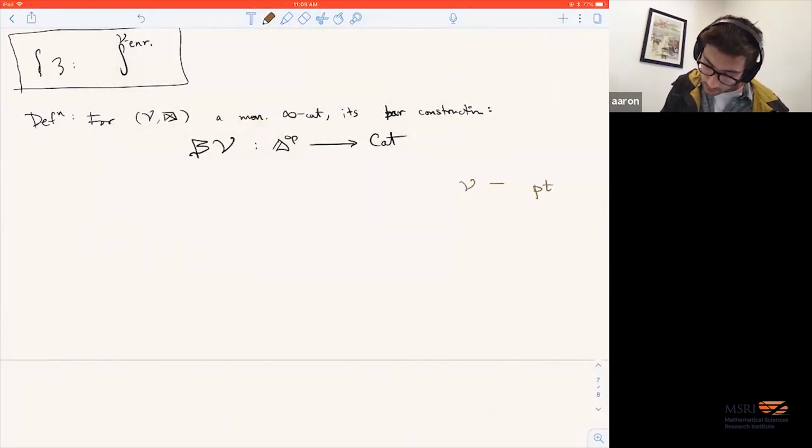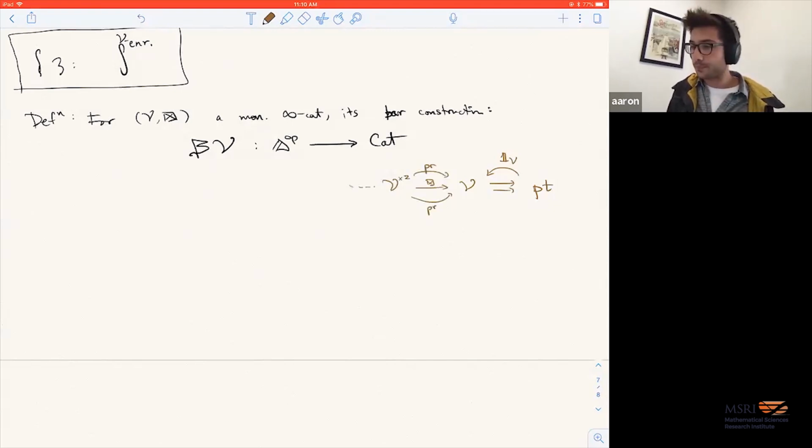At level 1, it's V. And then this simplicial structure map picks out the unit object. And then at level 2, we have V squared. So there's a projection, tensor product, a different projection, etc. So this is essentially its non-symmetric infinity operad, if you're familiar with that language.